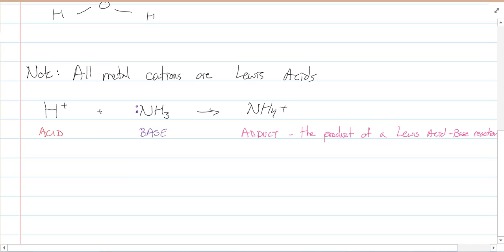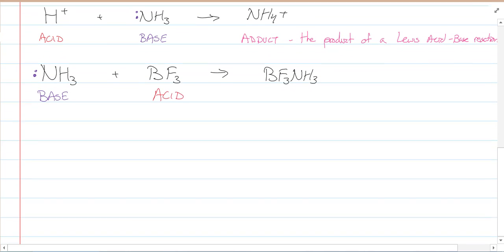Another one. NH3 plus BF3 going to BF3NH3. NH3 would be what? Well, it's still a base. It still has the lone pair. BF3 would be the acid. And then our adduct. So how do I know that?